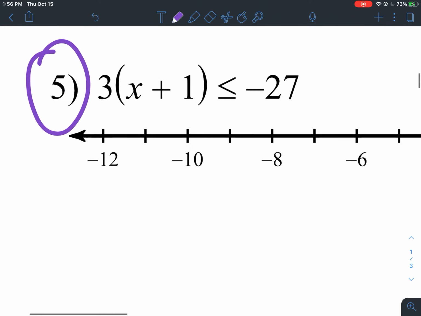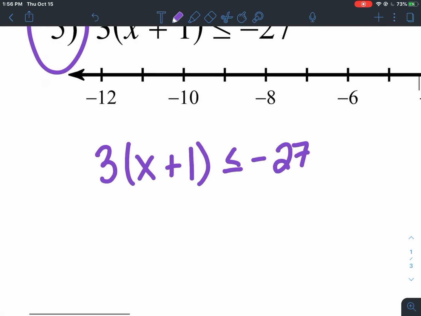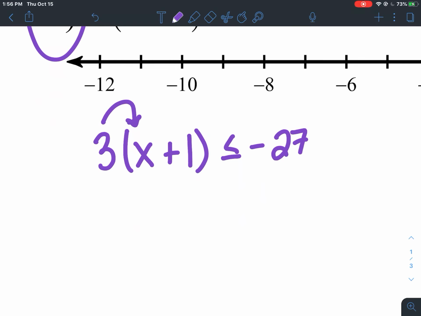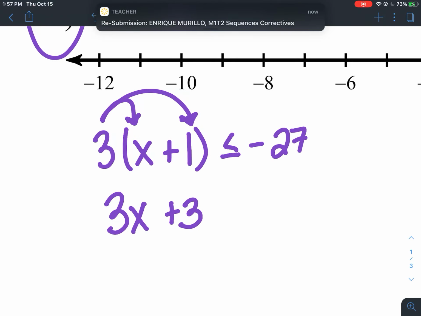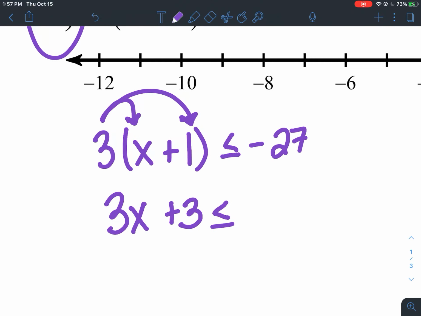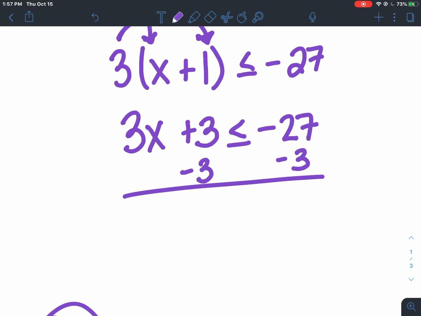Number 5. We have 3 times (x plus 1) less than or equal to negative 27. So I'm going to distribute this 3 to get rid of those parentheses. So 3x plus 3 less than or equal to negative 27. I'm going to subtract 3 from both sides.